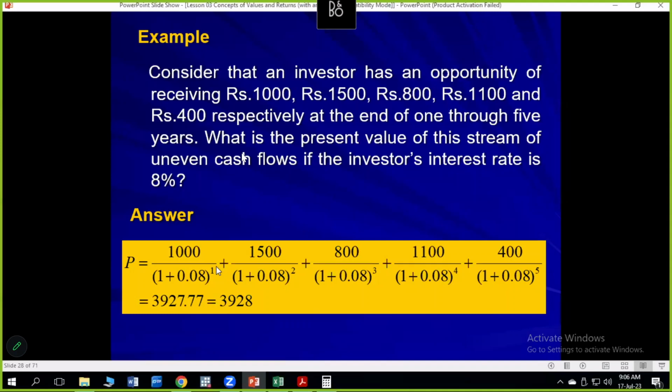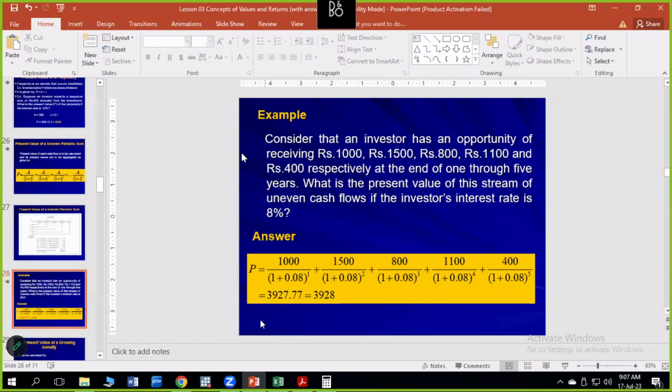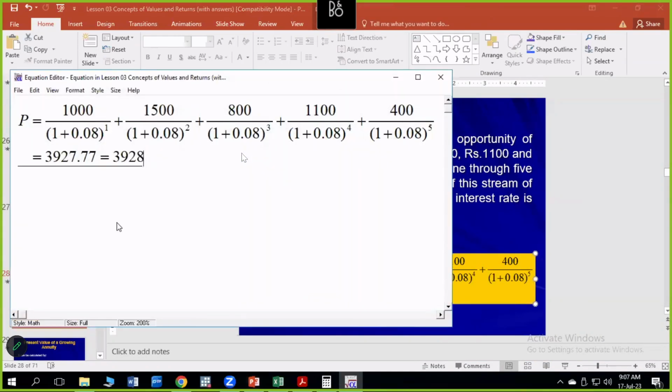Using a calculator, you can present the answer in two steps. It should be in rupees. So in the answer, always you use different numbers and everything.